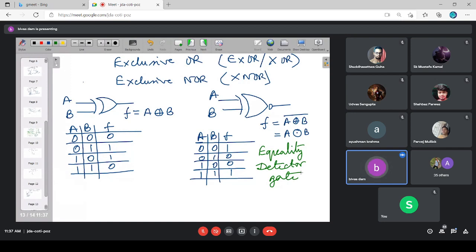Otherwise, the output is false. So that's why sometimes this XNOR gate is also referred to as one equality detector gate. Is it clear? Why is the XNOR gate called an equality detector gate? Is it clear or not? Yes, sir. Fine.